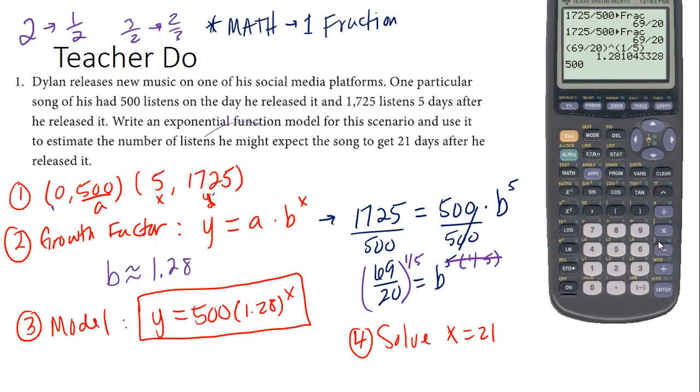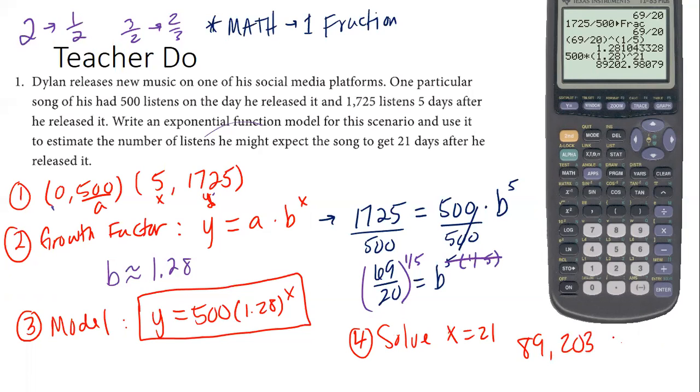So 500 times 1.28 to the 21 gives me, at the rate he's going, by the 21st day he should have about 89,203 listens, not likes, but listens. We don't know if people like it or not. They've listened to it, okay?